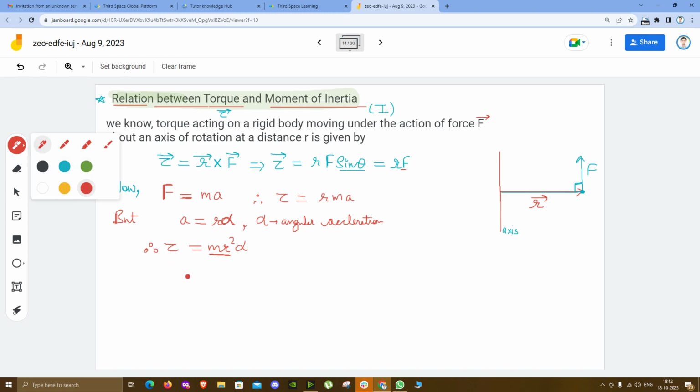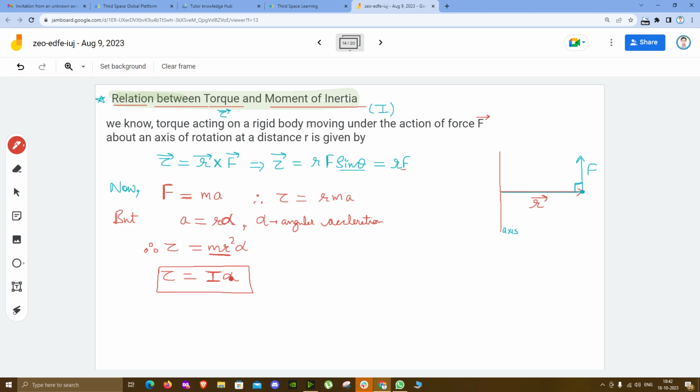Yes, the moment of inertia is actually m r square for a rigid body. So in place of m r square we will write I. So tau will now be equal to I alpha. So this is the relation between torque and the moment of inertia.